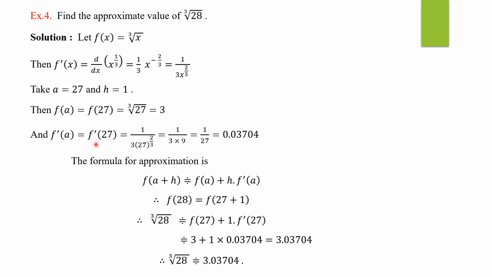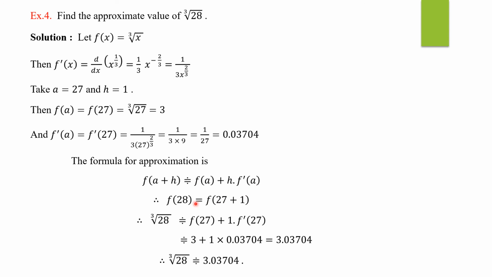Hence f dash of a, that is f dash of 27, is 1 divided by 3 into x raised to 2 by 3, where the value of x is 27. 27 is 3 cube, 3 3 cancel, then we get 3 square. 3 square is 9, 9 into 3 is 27. Hence we get f dash of 27 equal to 1 divided by 27, which is equal to 0.03704.